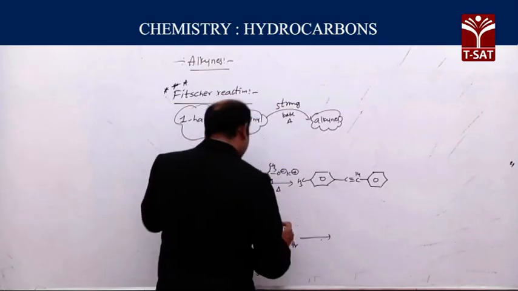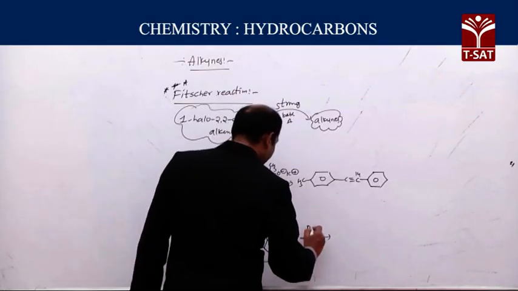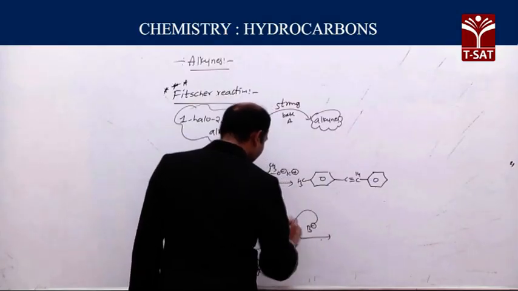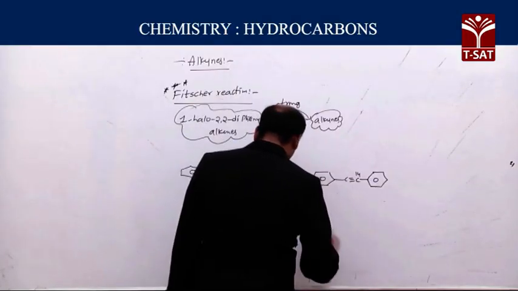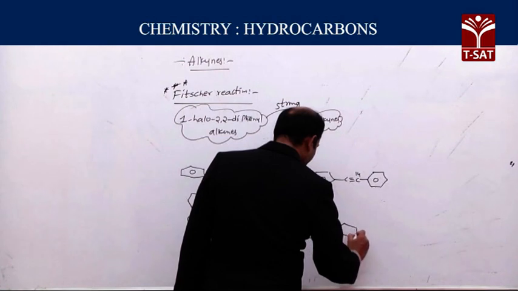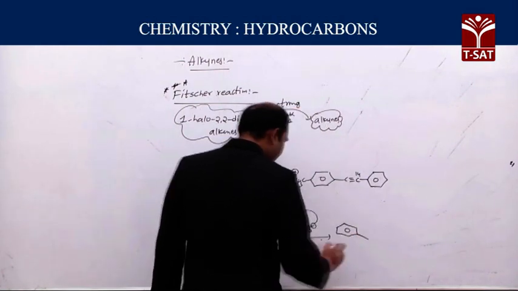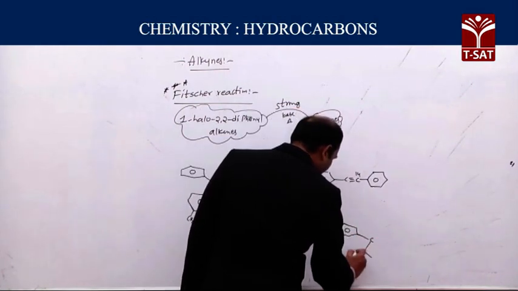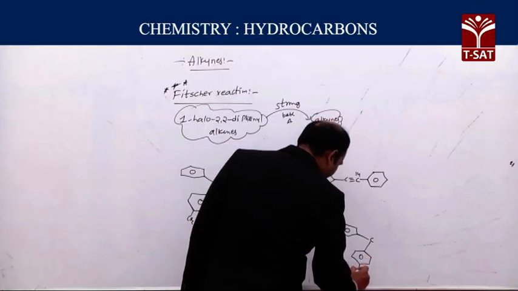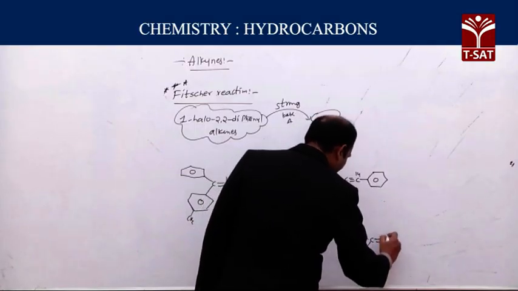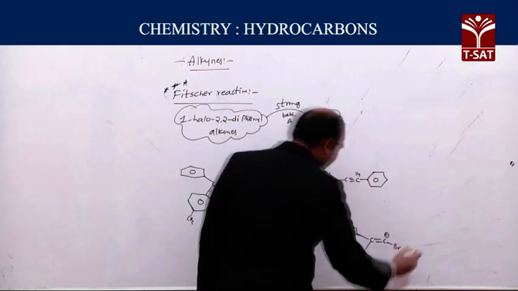Here this potassium tertiary butoxide is a base. This base abstracts this proton, with loss of H+. We get C6H5, the benzene, and the para-toluene group, with a double bond, here a minus charge, and this is Br.